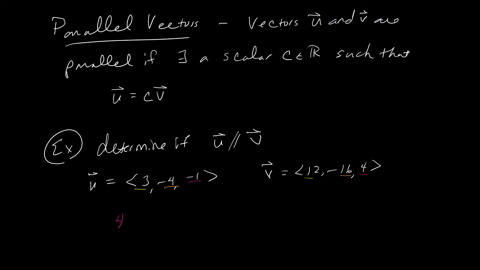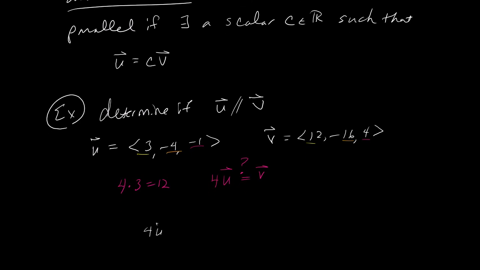So 4 times 3 is equal to 12. So is it possible that 4u is equal to v? And the answer is no. So let's take a look there. 4u is equal to 4 times the vector 3, negative 4, negative 1, which is 12, negative 16, negative 4.